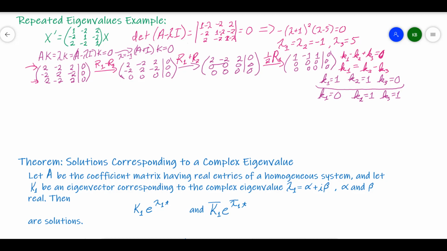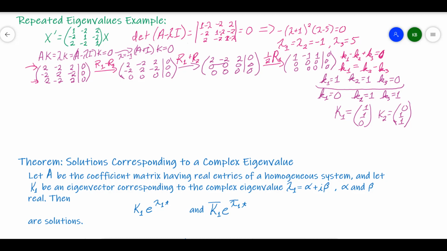Well, looking at this, if I take these two vectors that I've made here, capital K1 we'll say one of them is, I have 1, 1, 0, and the other one's capital K2, and it's 0, 1, 1. Without even having to do any work to check, I know that these are linearly independent of one another because there's no way I can make a 0 turn into a 1 or a 1 turn into a 0.